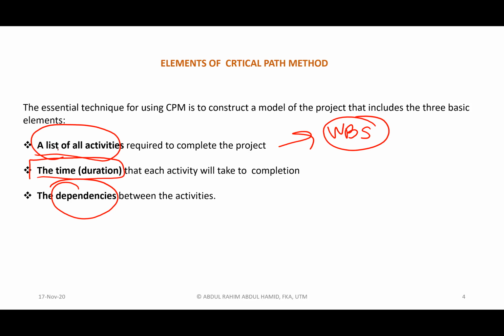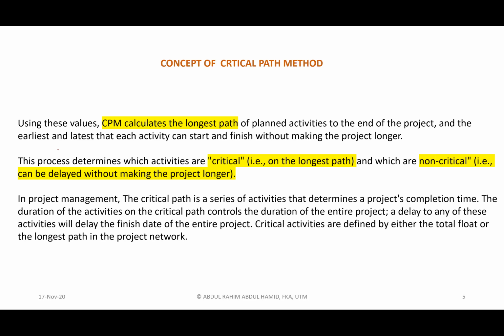So how do we calculate activity duration? Again, from the concept of productivity rate or output capacity, or sometimes people say labor constant, machinery productivity rate, etc. Those are the concepts.